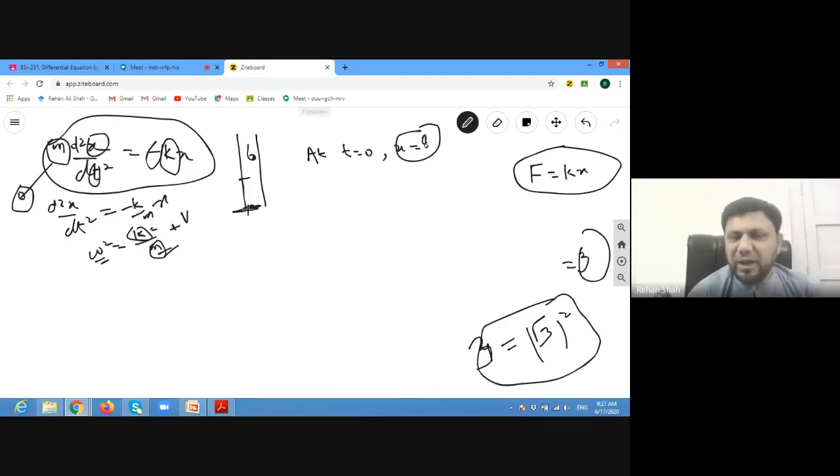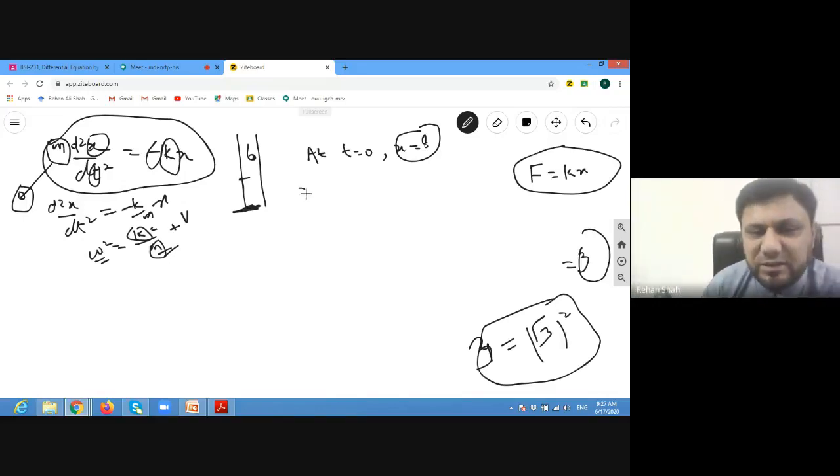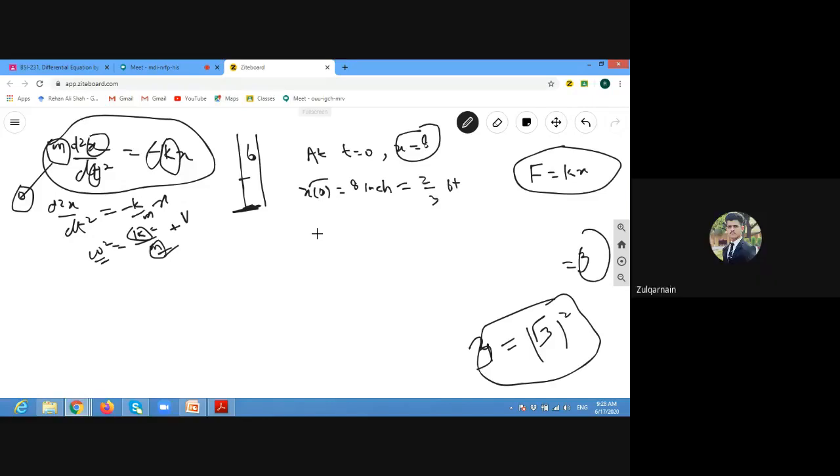Do you understand? As the experiment started, it is at the position of length 8. So when time is 0, the value of x is 8 inches. 8 inches means this is 2 or 3 feet. Clear? Yes, sir.